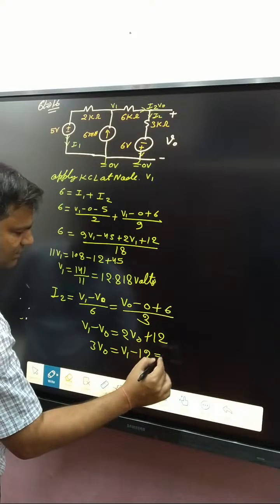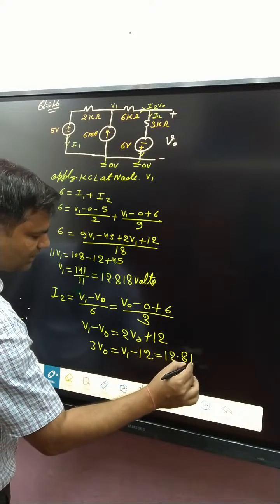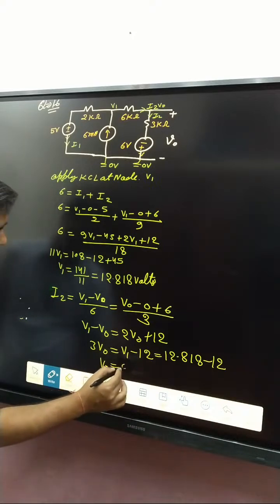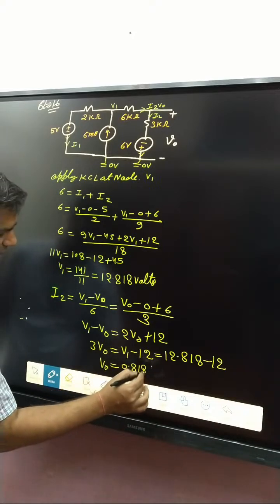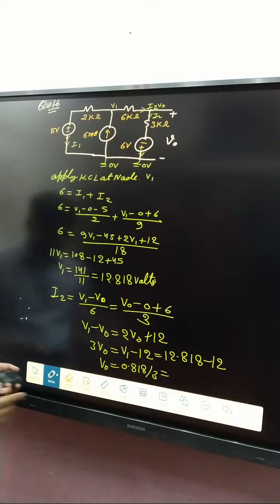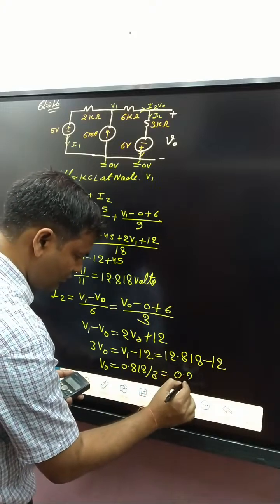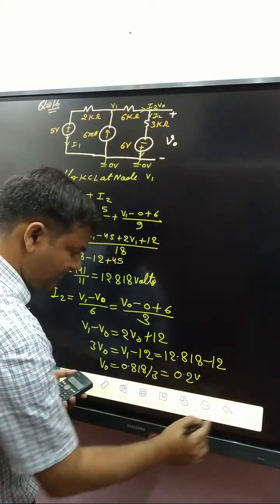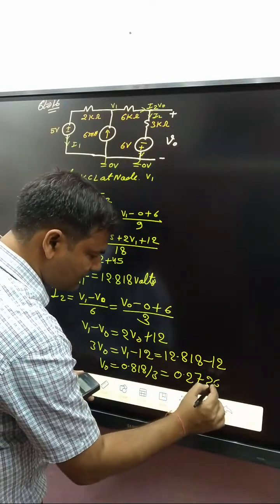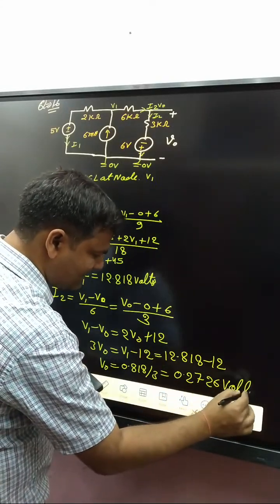V1 is 12.818, minus 12, so V0 is 0.818 divided by 3. That is 0.2726 volt, which is the right answer.